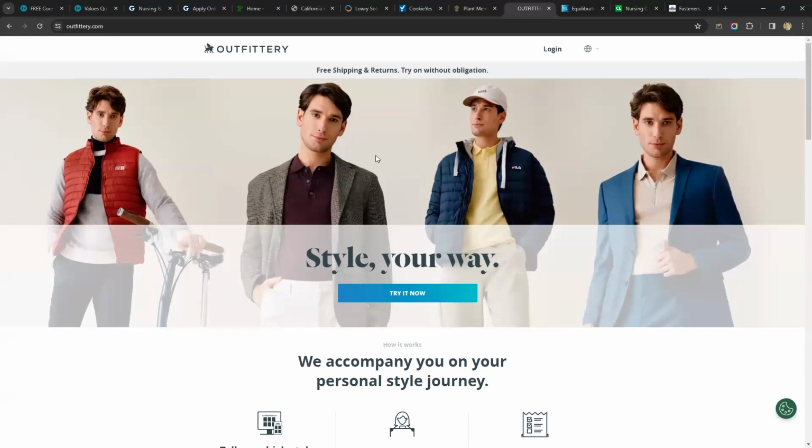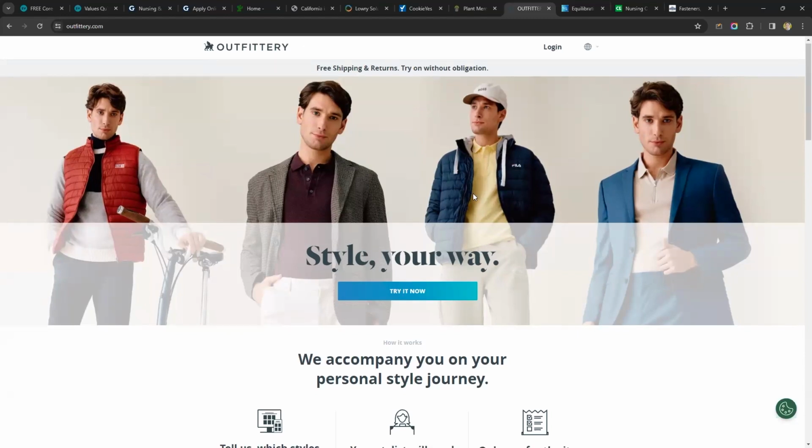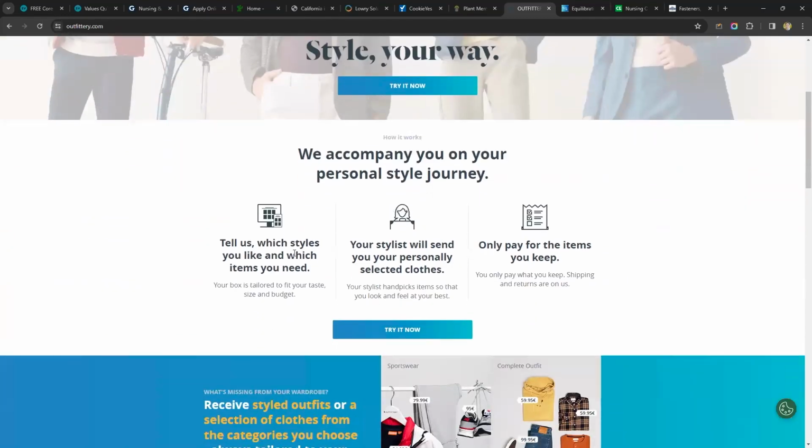Anyway, so we go here with Outfittery, and it would be really nice, again, to have something right next to it that tells me what it is. It'd be nice to have the phone number. So all of that looks good. We come down here, tell us which styles you like, we accompany you on your personal journey. But here you're missing an opportunity. Your personal style journey is as easy as 1, 2, 3.